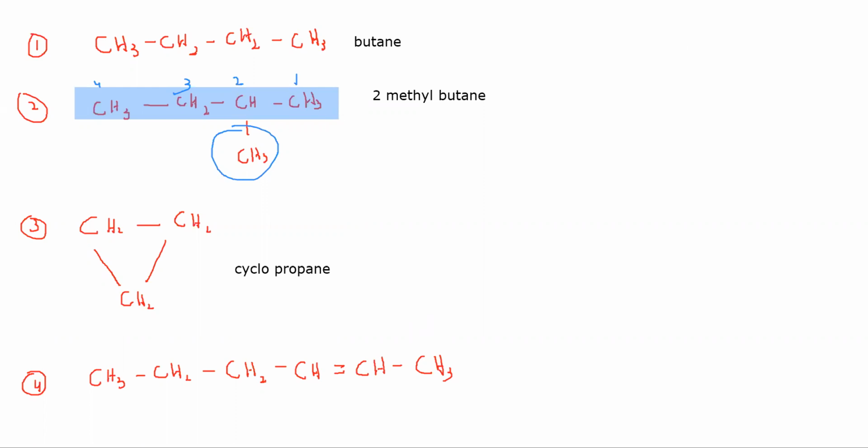But the position of the double bond is also needed, so it is hex-2-ene, because the double bond is not with the first carbon, so you have to mention the position. Why 2? Because if I count 1, 2, 3, 4, 5, the double bond is with the second carbon. If I count from the other side, the double bond is far away. That's why it's hex-2-ene.